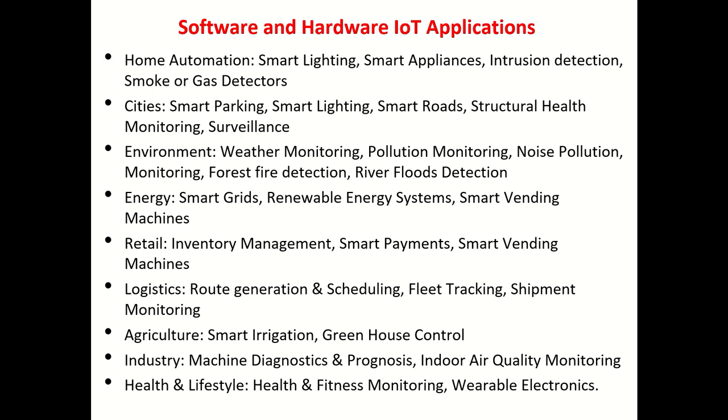Then energy. Today, power generation and power distribution, like I already explained in the previous session, is a $1 trillion industry. So when you talk about power grids or renewable energy systems or vending machines and so on, these are all battery charging stations. Today we have electrical vehicles.